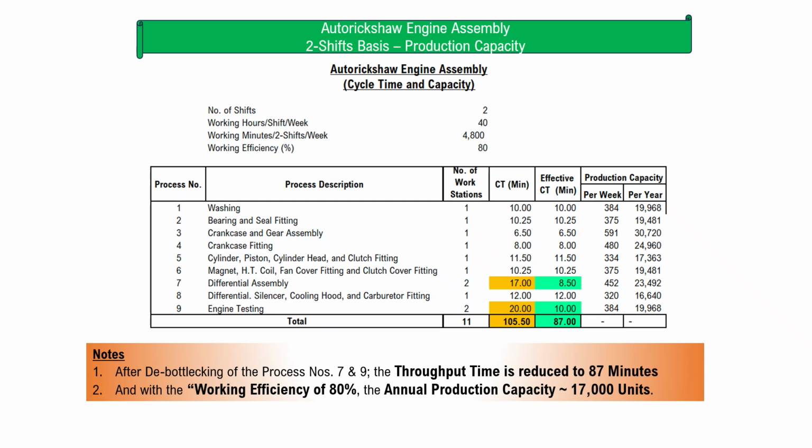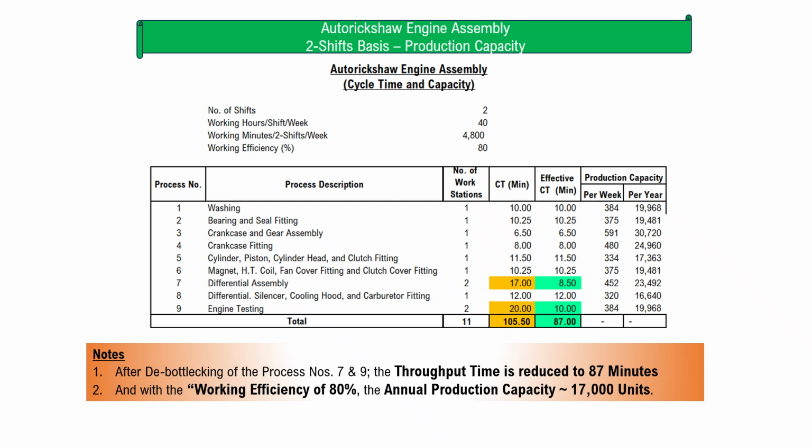So if we compare the conditions before debottlenecking, the throughput time was 105.50 minutes. Now the throughput time is 87 minutes. And with the same working efficiency of 80%, the annual production capacity is now 17,000 units.